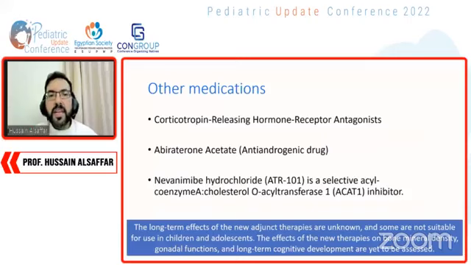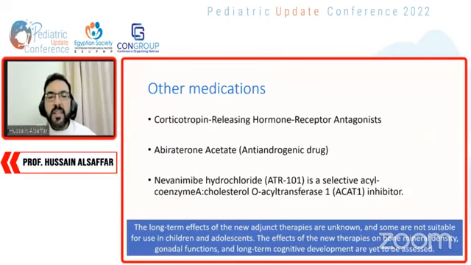What about other medications? We have corticotropin-releasing hormone receptor antagonists. We have abiraterone acetate, which is an anti-androgenic drug. We have nevanimibe hydrochloride, which is a selective acyl coenzyme A cholesterol acyltransferase inhibitor. But all these medicines are being used in adults, not in pediatrics, so there are no trials in pediatrics.